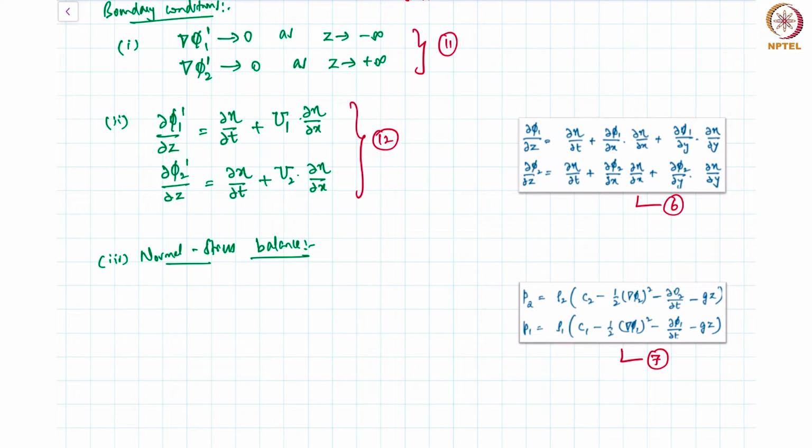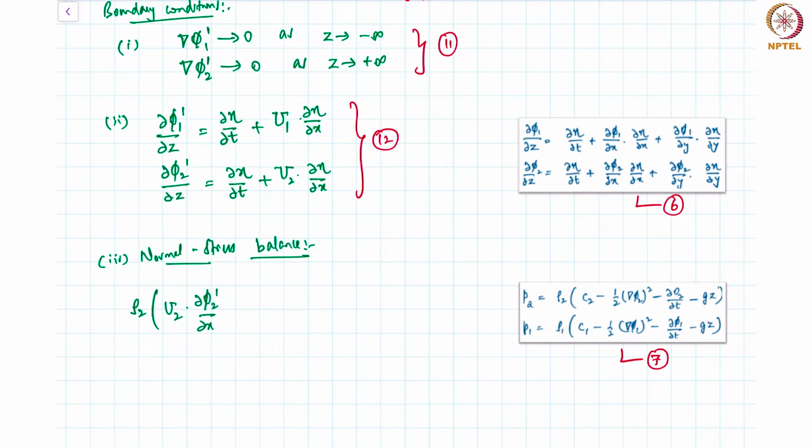So if I substitute in this equation 7 that I have on the side, if I write down the phi 2 as phi 2 bar plus phi 2 prime, the mean flow plus the prime, similarly phi 1 as u1x plus phi 1 prime, then if I retain only the linear terms, this is what I get. I get rho 2 times, only retaining the linear terms, u2 times del phi 2 prime by del x. Note that there is a minus sign in the second term.